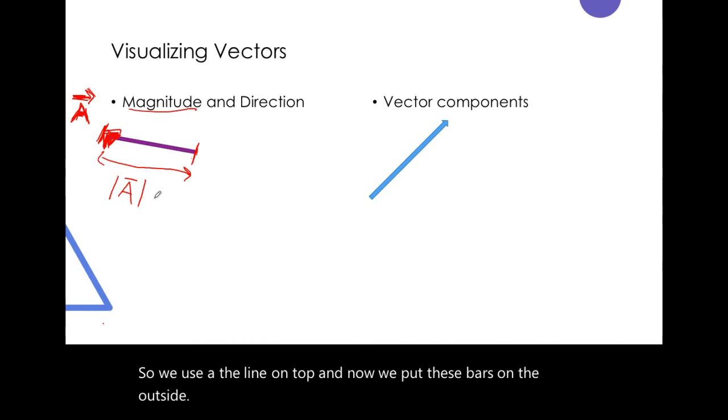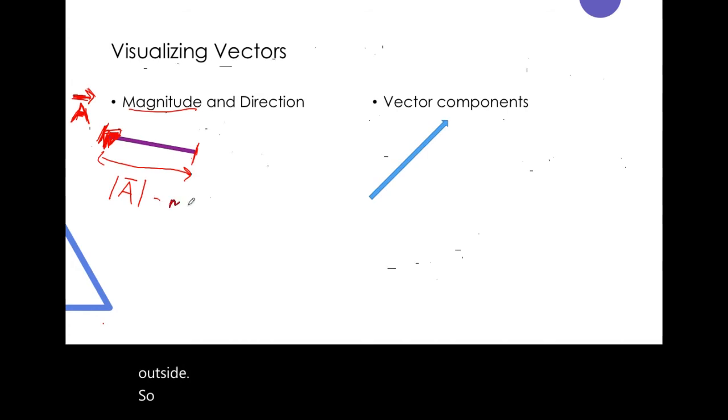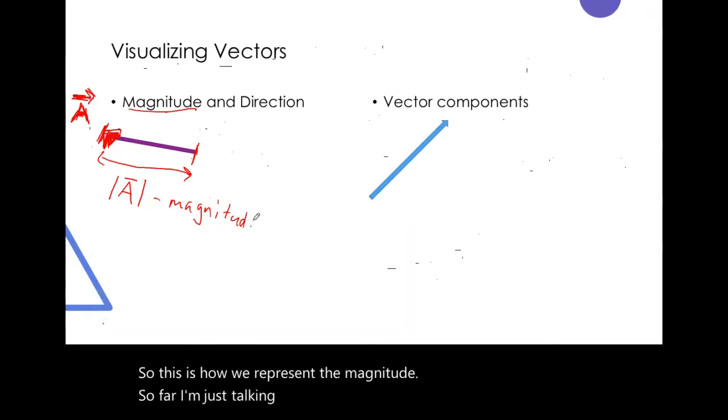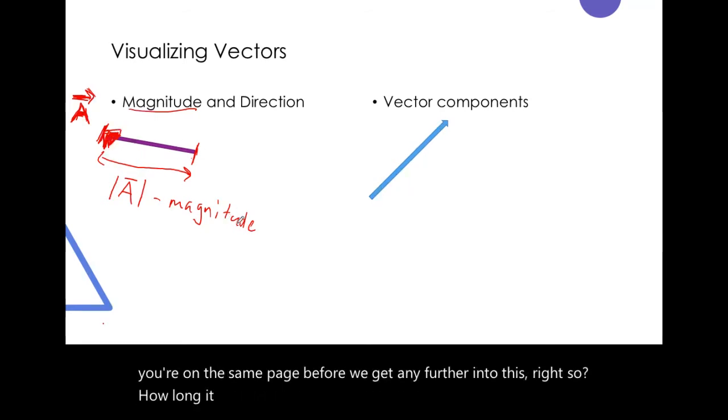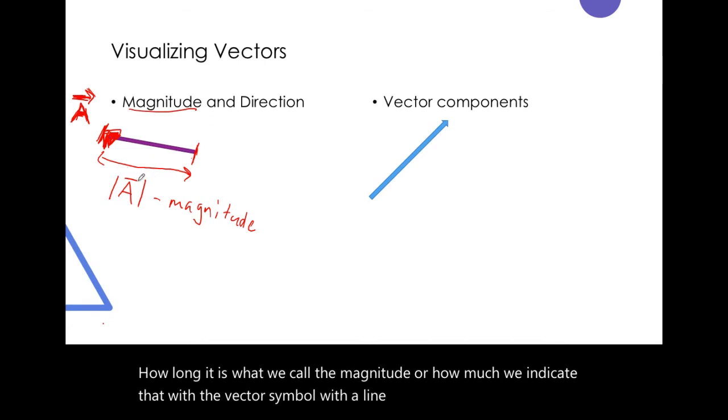So this is how we represent the magnitude. So far, I'm just talking about notation and making sure you're on the same page before we get any further into this. So how long it is, what we call the magnitude or how much, we indicate with the vector symbol with the line on top and bars on both sides.